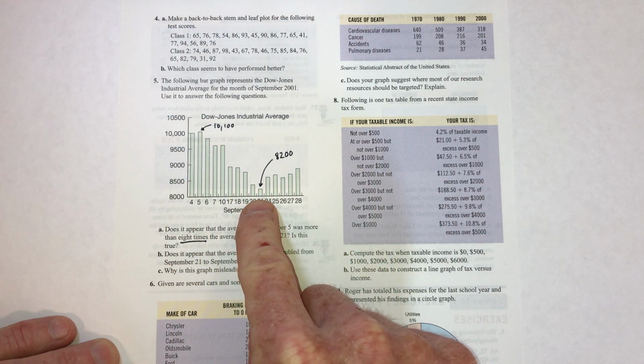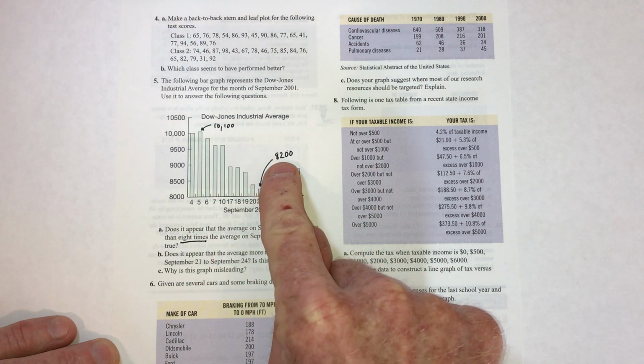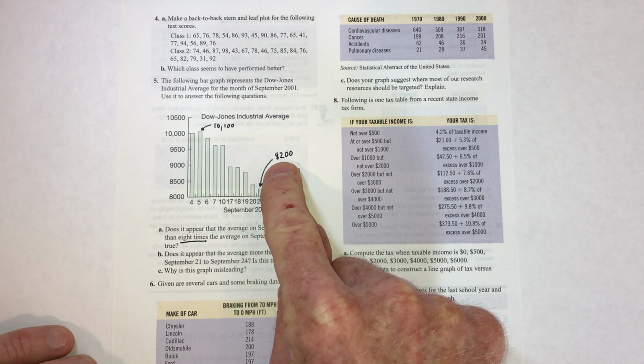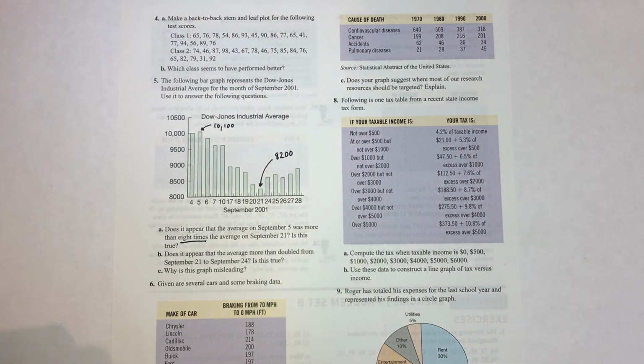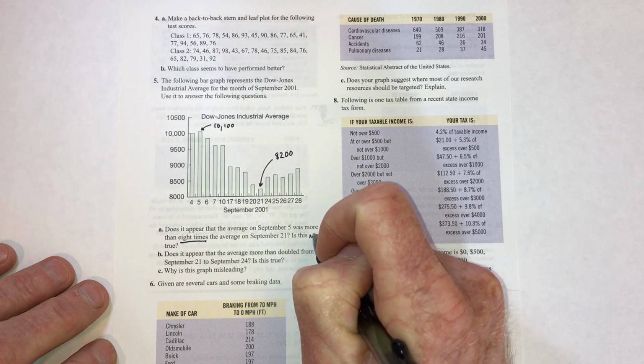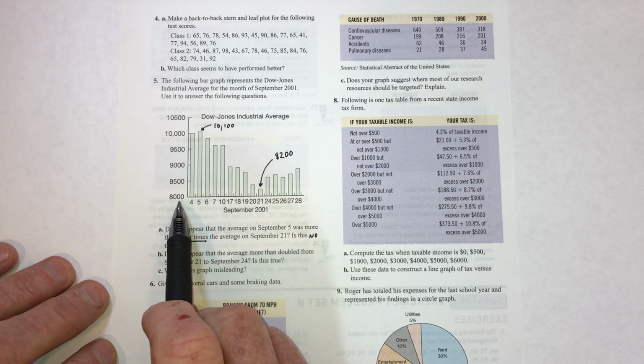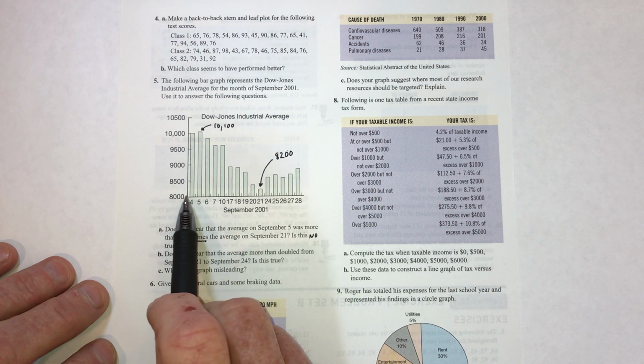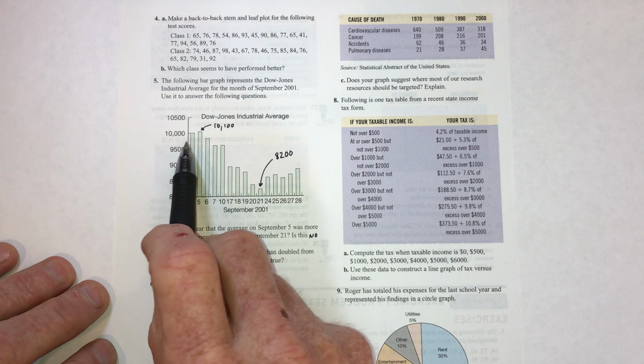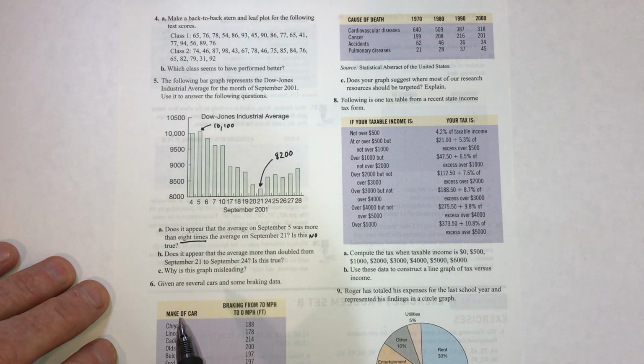But if you compare the numbers, is this number 8 times bigger than that one? No, it definitely is not. So the answer would be no, because this is not drawn to scale. To draw to scale, they should have started at 0, then 1,000, 2,000, 3,000, etc., up to 10,500. Then it would be drawn to scale.